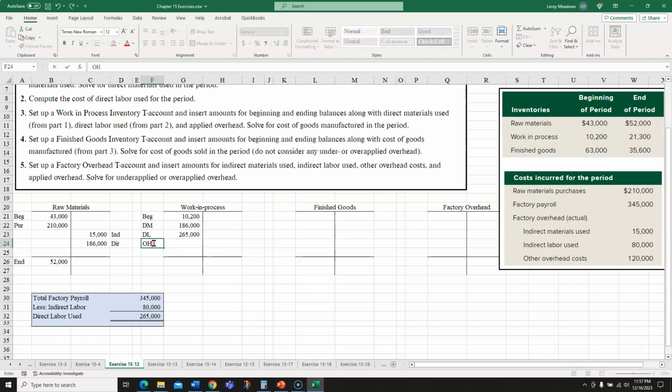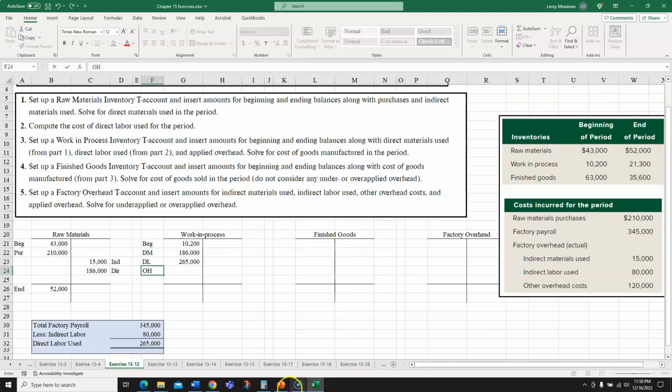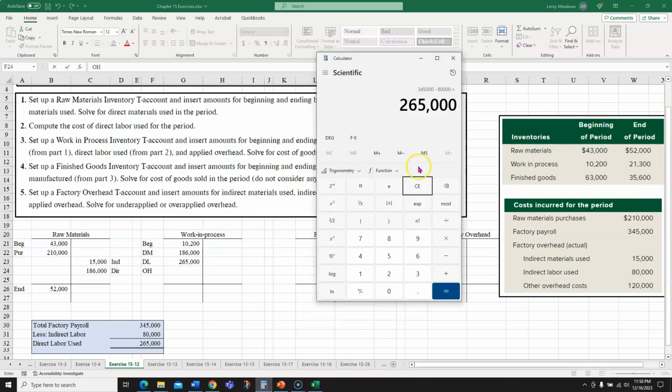Now, how much overhead was applied? Well, we weren't given the exact amount that was applied, but we were given how to solve for that. Overhead is applied using a predetermined rate of 70% of direct labor costs. So I'm going to take 70% of my direct labor costs, $265,000, and multiply that by 0.70.